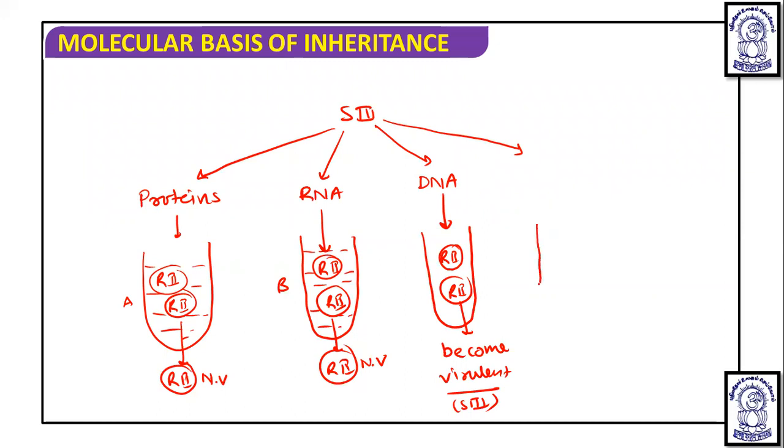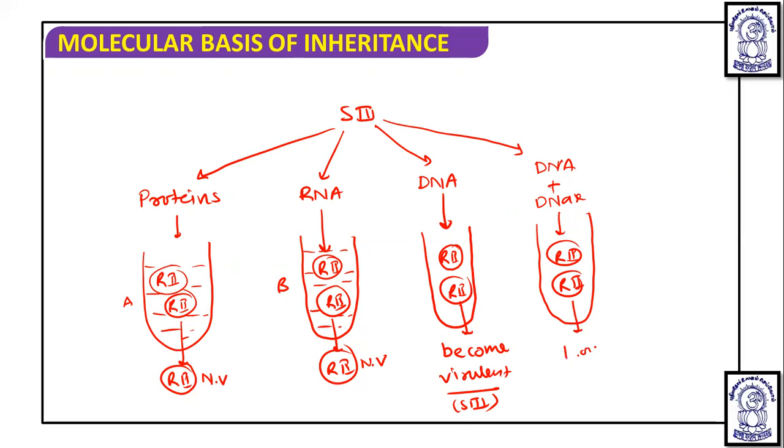But scientists were not yet confirmed. So what they did was take the tube with R2 bacteria and insert DNA along with the DNA-cleaving enzyme. If the DNA is cut, then transformation should not occur, and that is what happened.